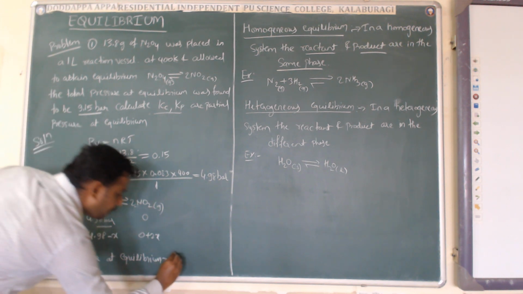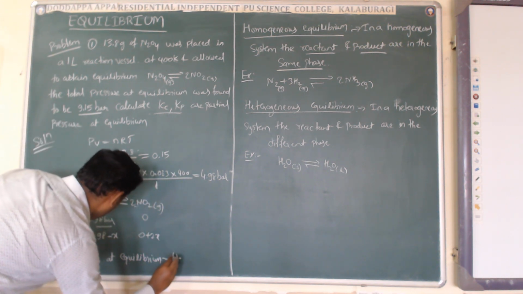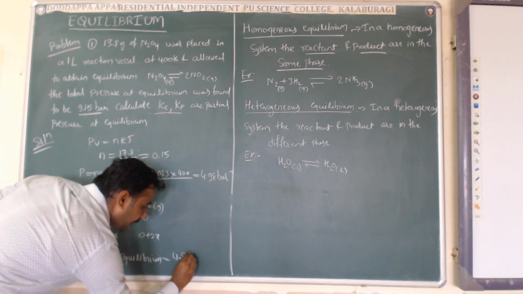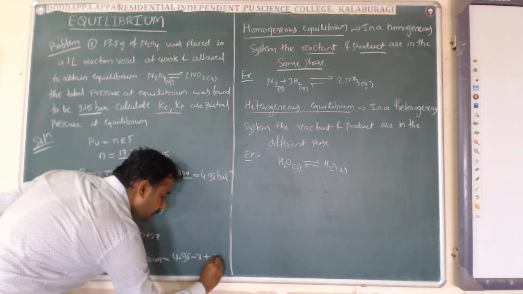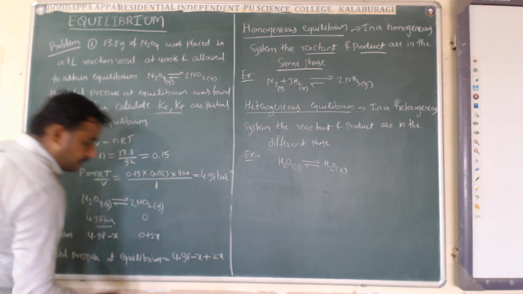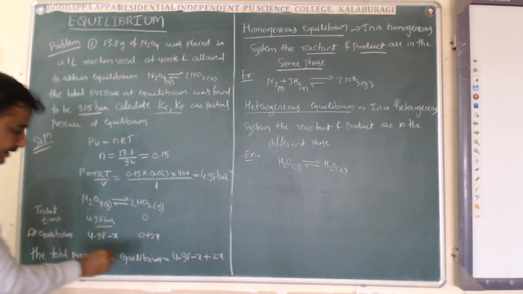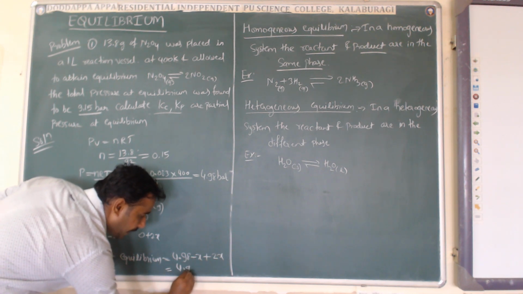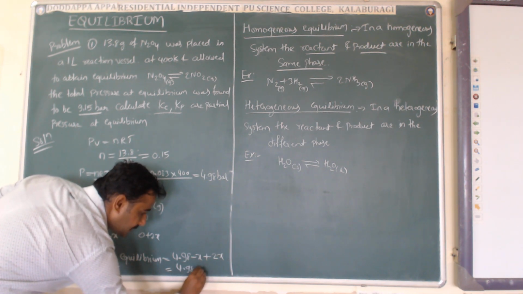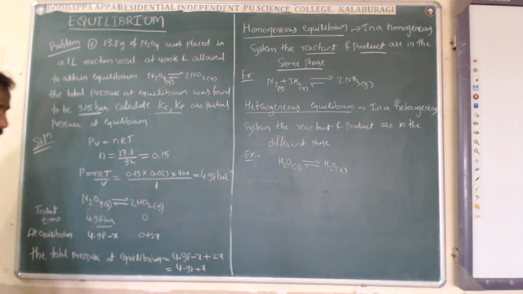Then what you are getting? 4.98 minus x plus 2x. Minus x plus 2x, what you are getting here? You are getting the answer 4.98 plus x. Okay. Next one.